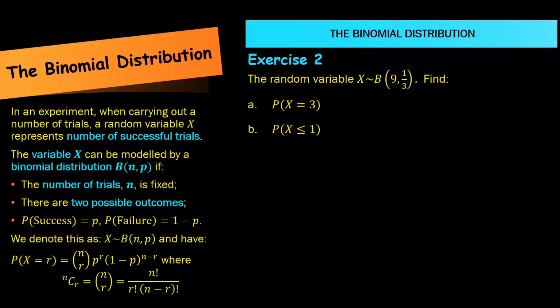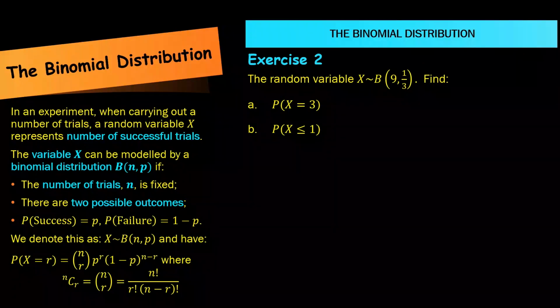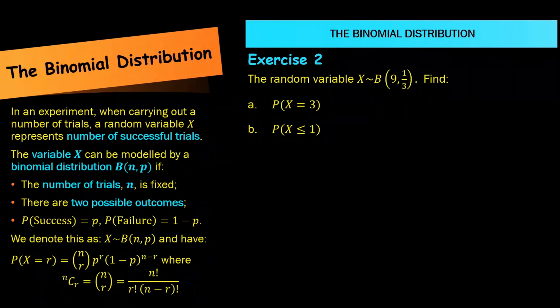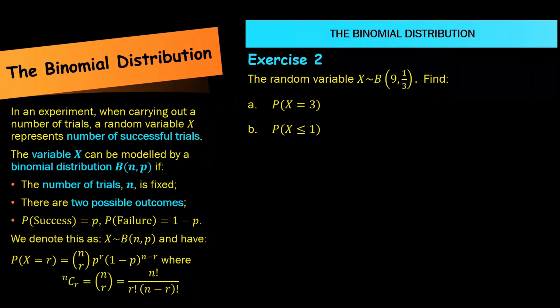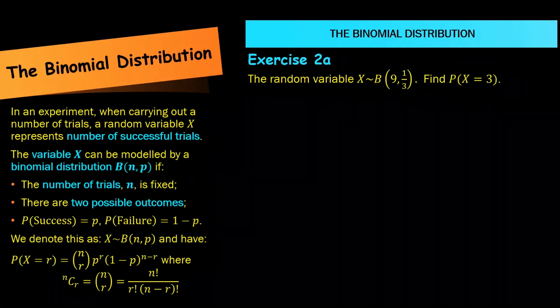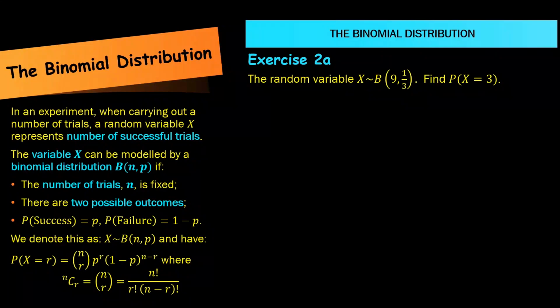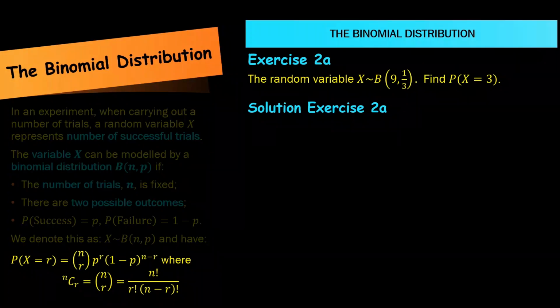The random variable x is distributed binomially with n equals 9 and p equals 1/3. We are required to find the probability of x equals 3 and the probability that x is less than or equal to 1. So let's solve part A first. We're going to use the highlighted formula.